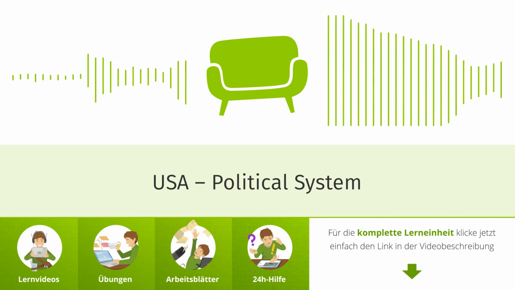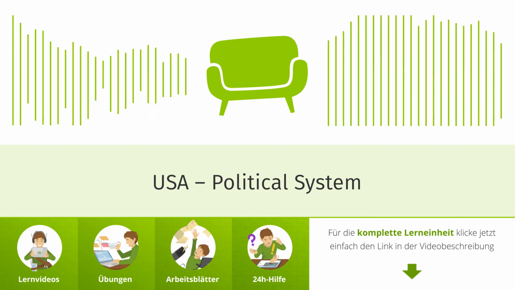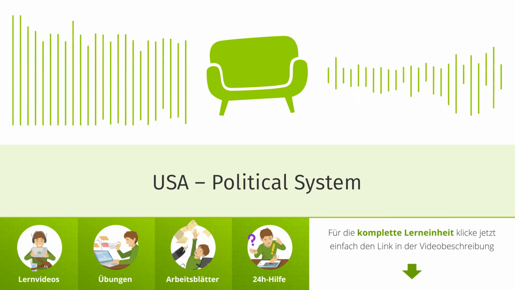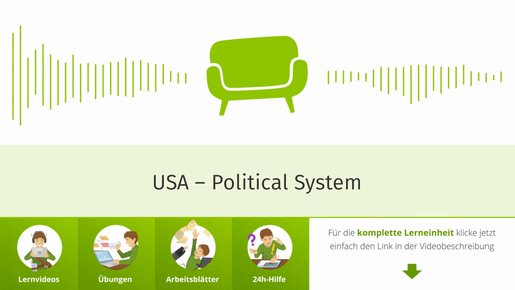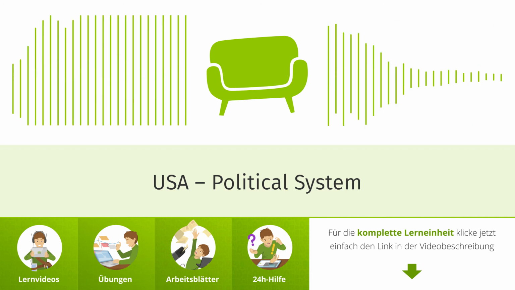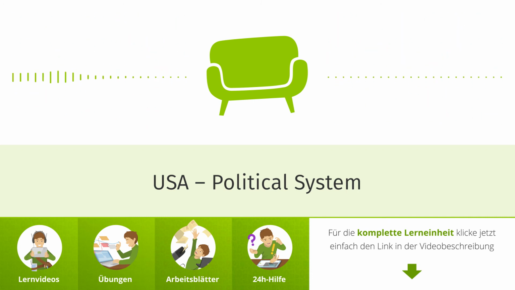Now, I will tell you a couple more details about the three branches. But don't worry, not too many of them. Are you ready? Let's start with the Congress. Try to imagine a nation with no laws. That's what the United States might look like without Congress.